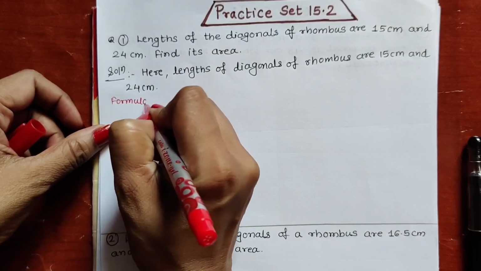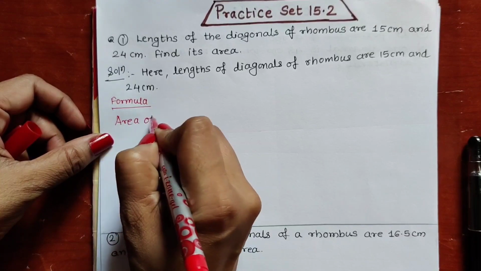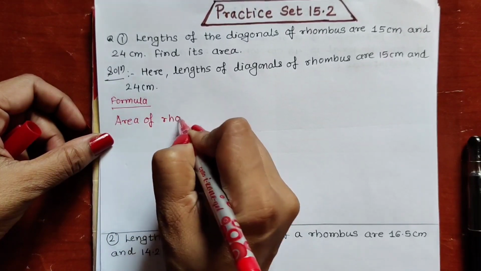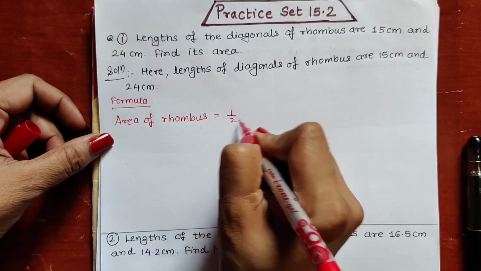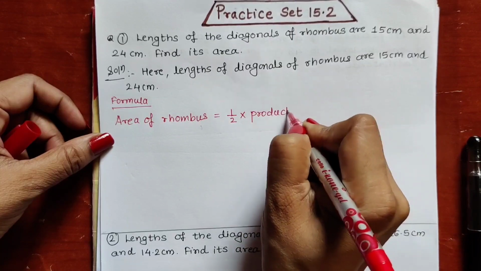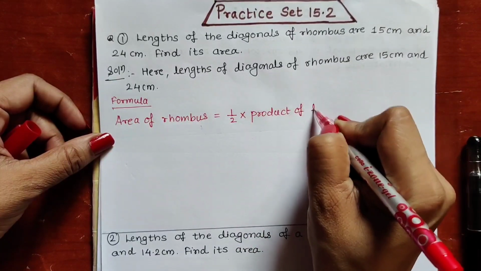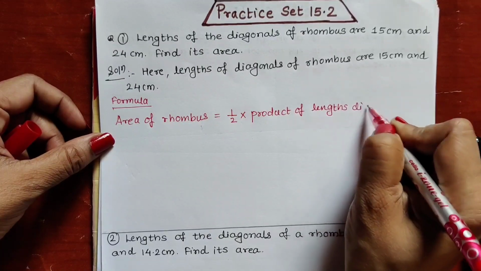What is the formula? The formula is area of rhombus is equal to 1 upon 2 multiplied by the product of lengths of diagonals.